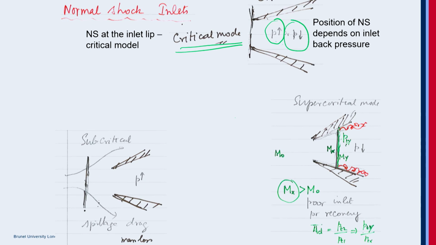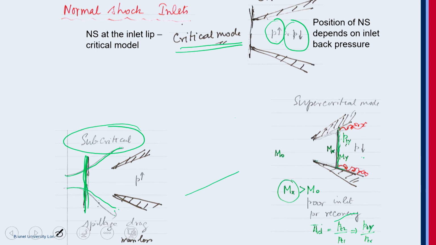If the back pressure increases, the shock is thrown out. When the shock is thrown out, you end up in spillage. And this is called the subcritical mode of operation. When the back pressure decreases, then the shock is drawn into the inlet itself.